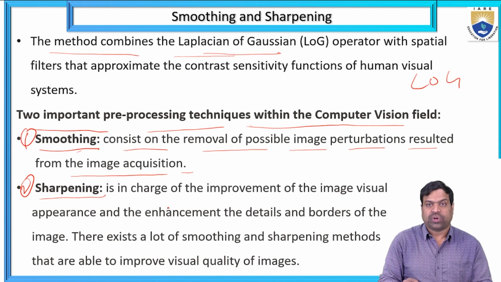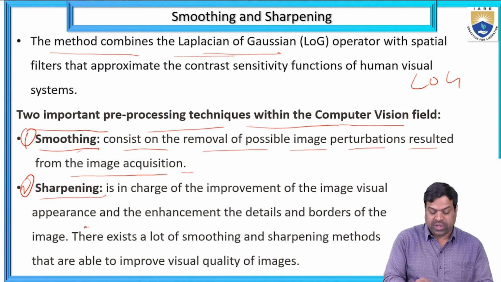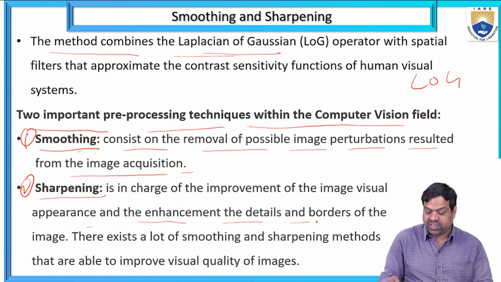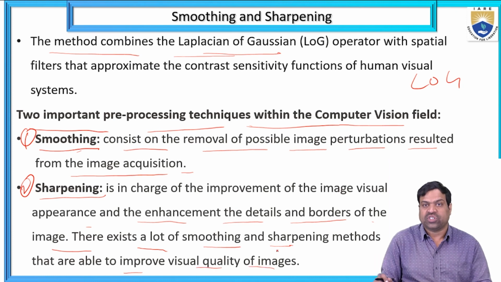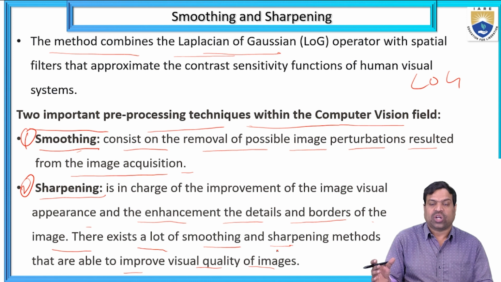What about sharpening? Sharpening improves the visual appearance of the image and enhances the detail and borders of the image. There exist a lot of smoothing and sharpening methods that are able to improve the visual quality of the image. The main intention of sharpening is the visual quality of the image.